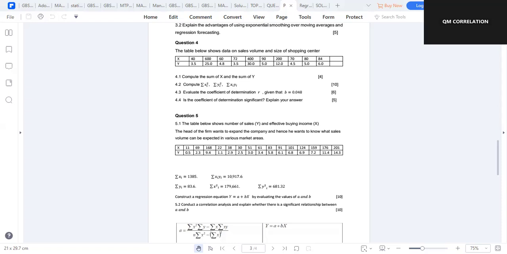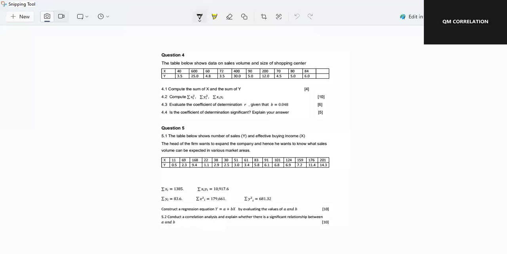Those that have the pamphlet, I think we can also quickly refer to the pamphlet for us to be fast. I hope my screen is clear.